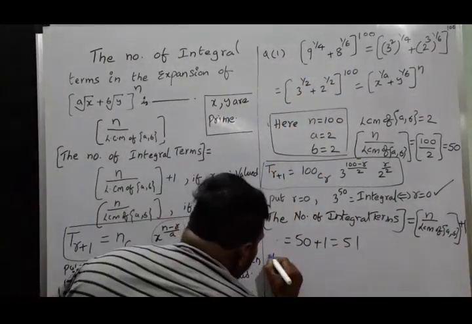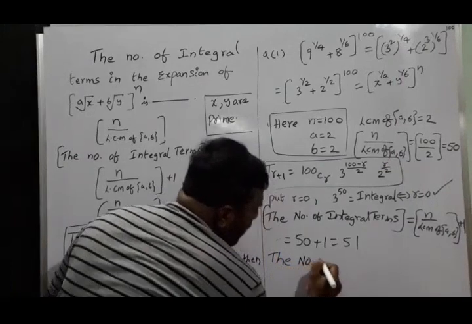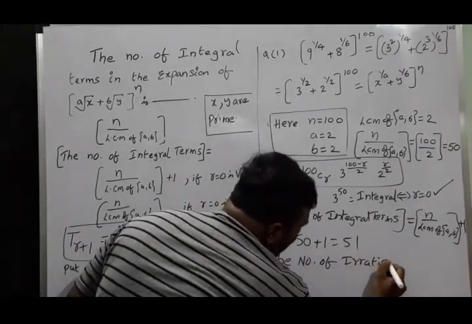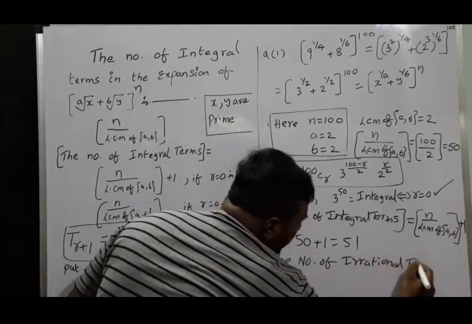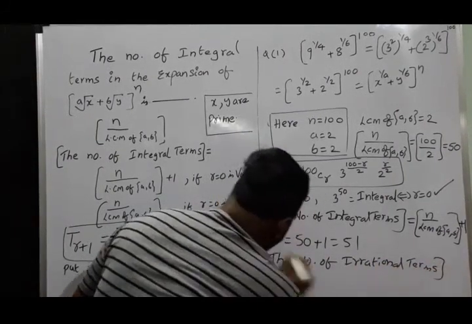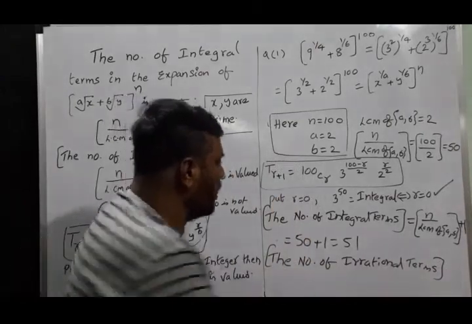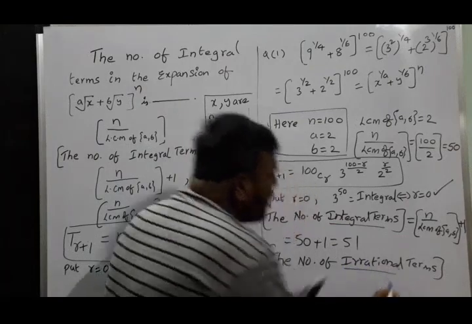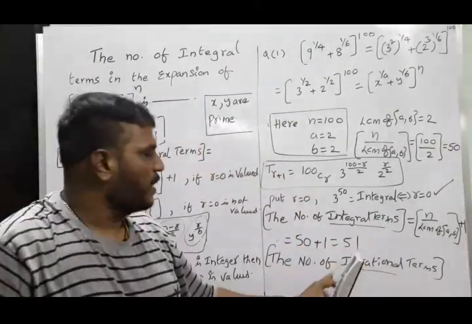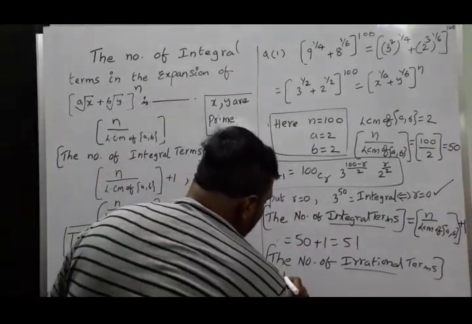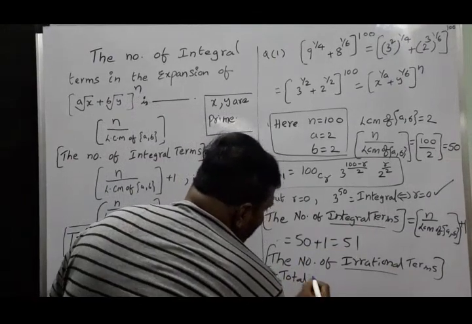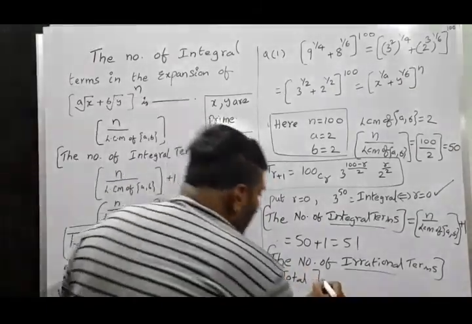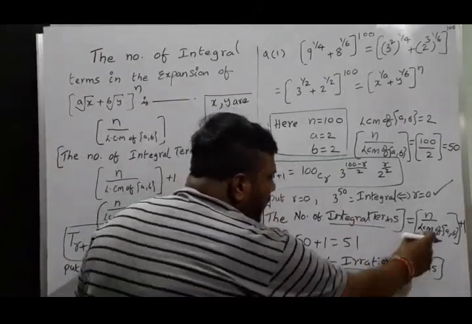Now the number of irrational terms in the same expansion. Here we found the number of integral terms, here the number of irrational terms. Observe the difference. Number of irrational terms is equal to total number of terms minus number of integral terms.